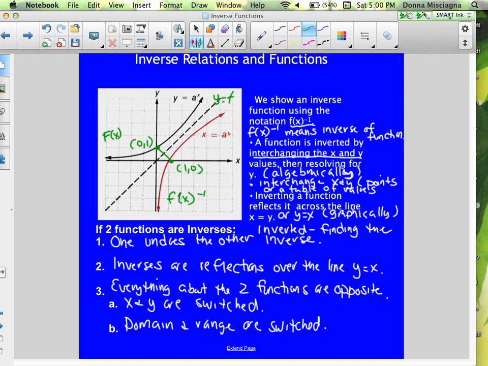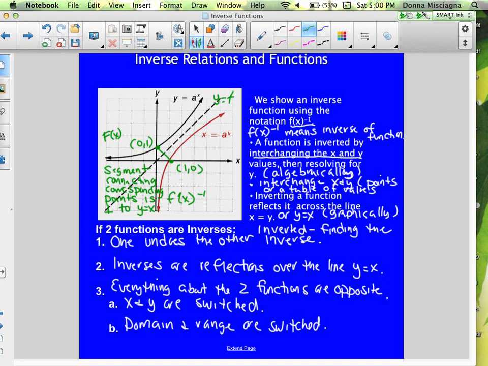Hopefully maybe you remember that from geometry. I'm going to write this on the graph, and you can write this on the graph too. The segment connecting corresponding points is perpendicular to y equals x. So y equals x is always going to be our line of reflection.